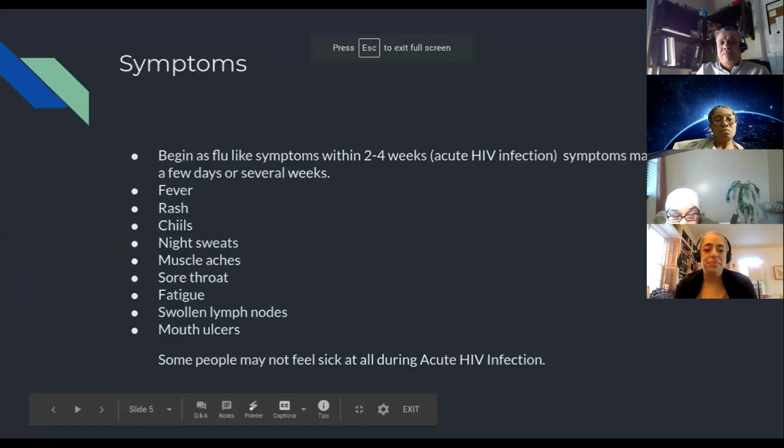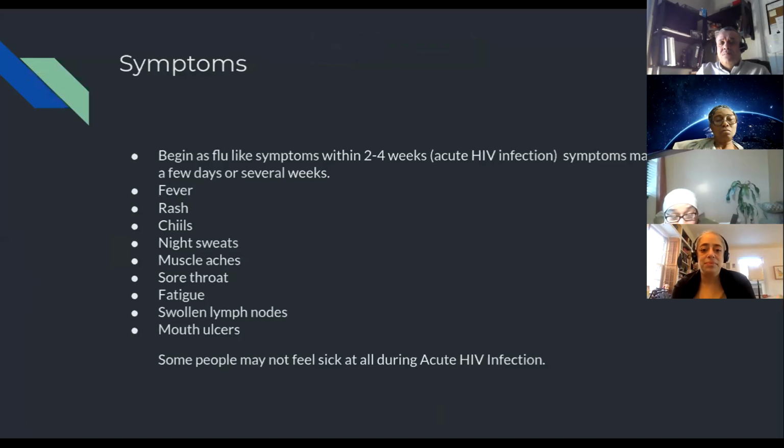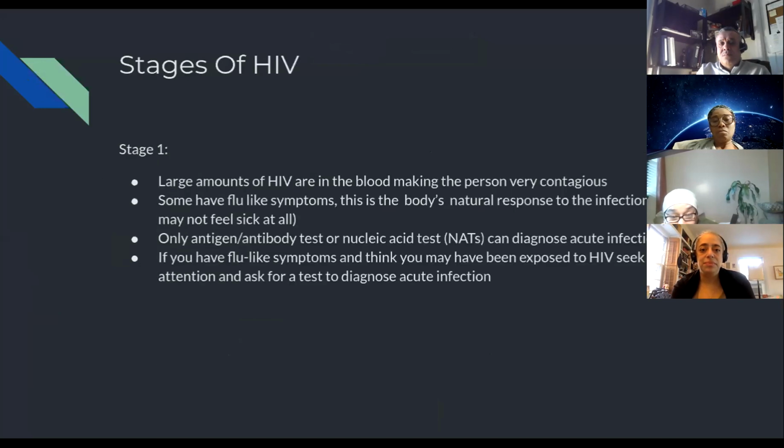Okay, so like I said, these would be the symptoms. They can go from very mild to severe. And then there are also 3 stages of HIV. Stage 1 is when large amounts of HIV are in the blood and the person is very contagious. They might have flu-like symptoms, and this is the body's natural response to the infection.